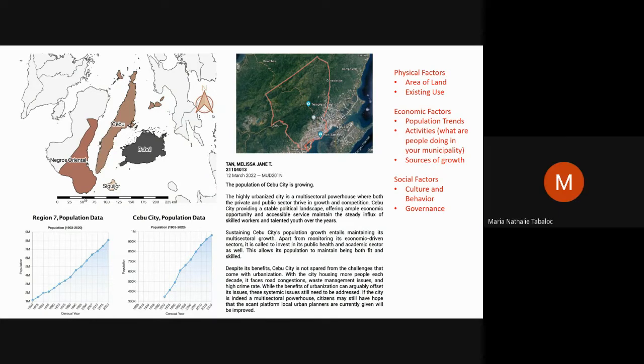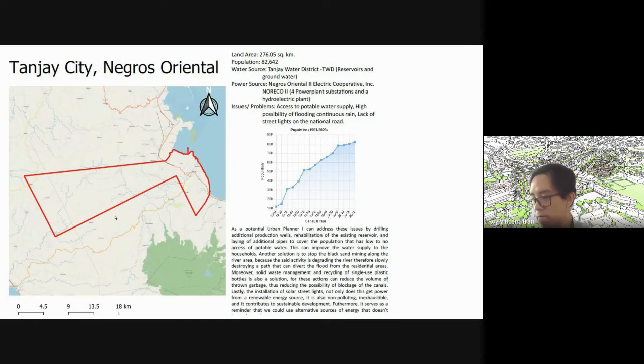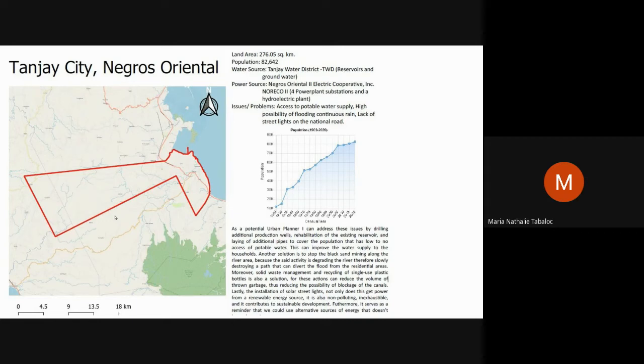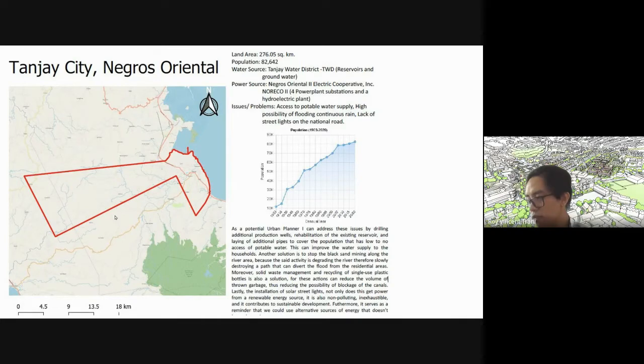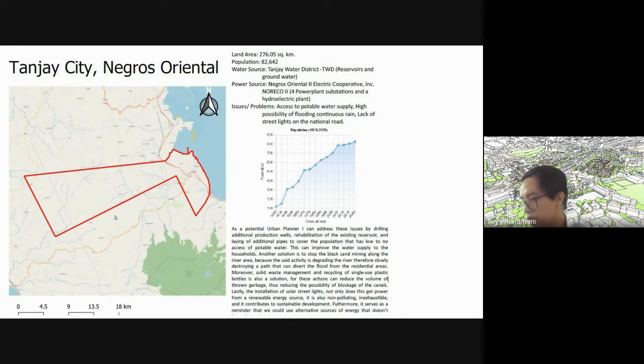Another point, sir, is that the rural area in Tanjay has no roads. Mm. So yeah, access. How do we get the water there? They also have difficulty transporting their products to the centers, and the products from the center to the rural area. Yes.